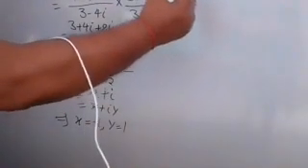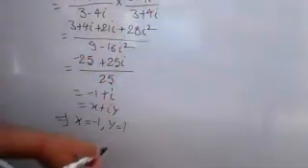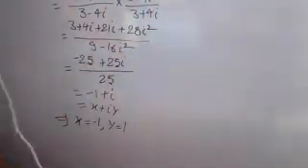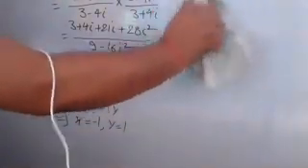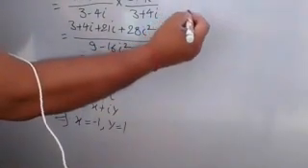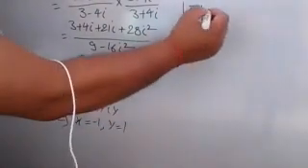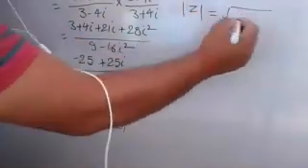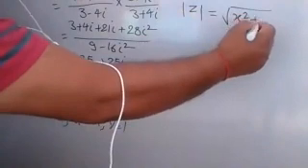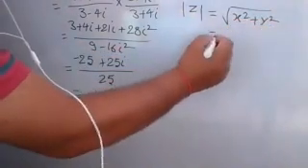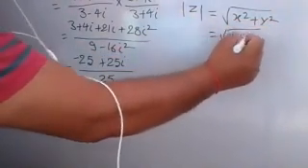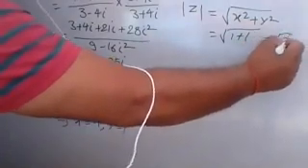So mod of z is equal to under root x square plus y square. If you put its value, you have 1 plus 1, which is root 2.